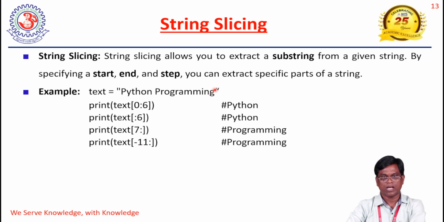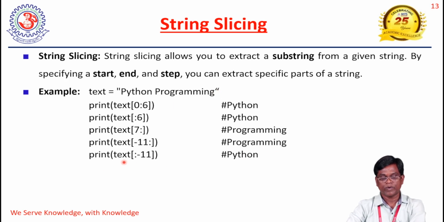The last character is index -1, next -2, then I is -3, M is -4, again M is -5, and like that -11 will be the character P. This P character will be considered the start, and we ignore the last index, so it will go up to the last character of the given string and display programming again.